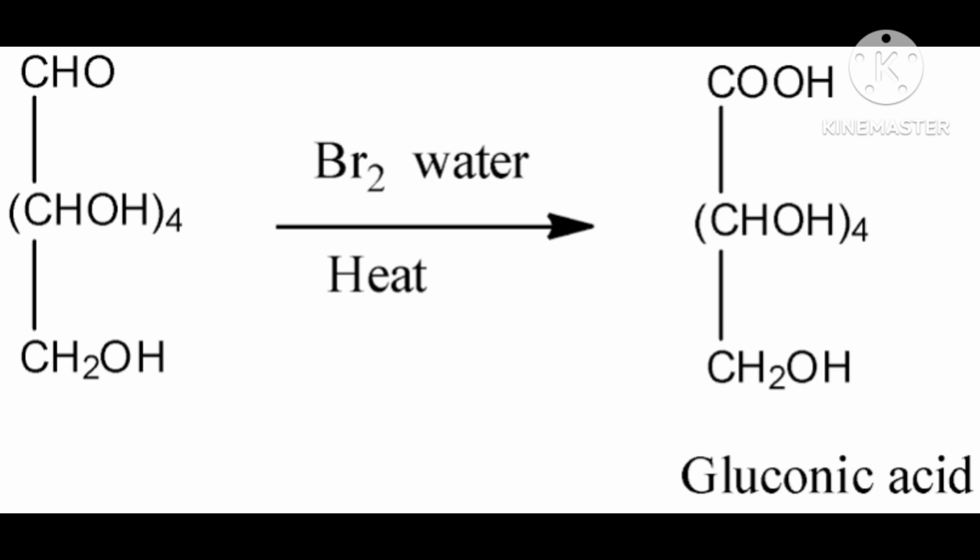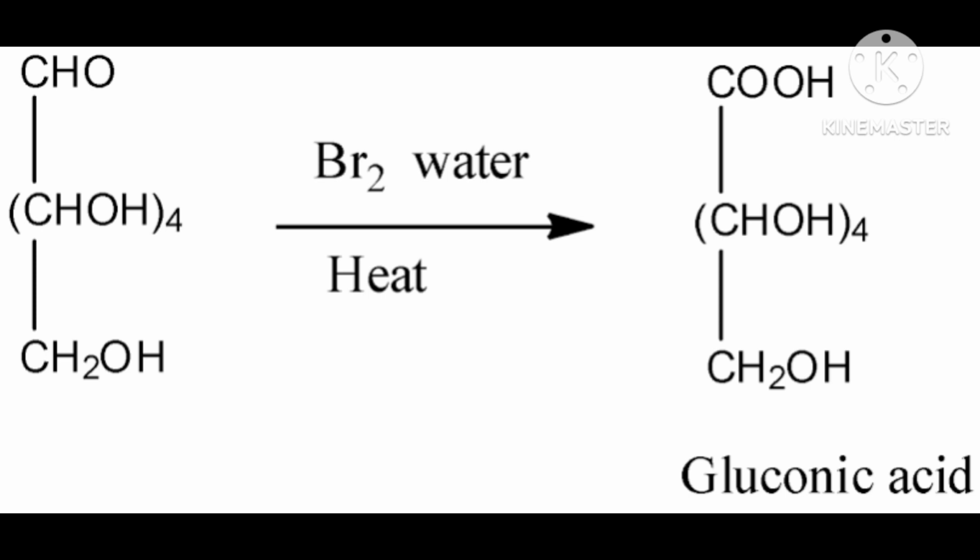Glucose is correctly named D-glucose, D(+)-glucose. You remember, glucose is correctly named D, and in brackets you write plus, that is called D-glucose.